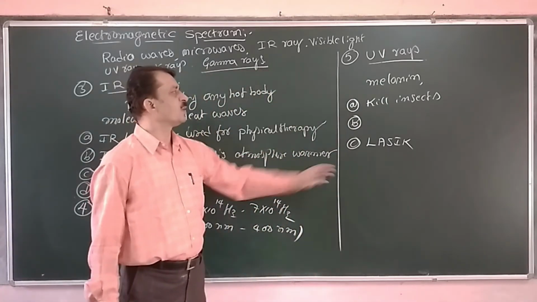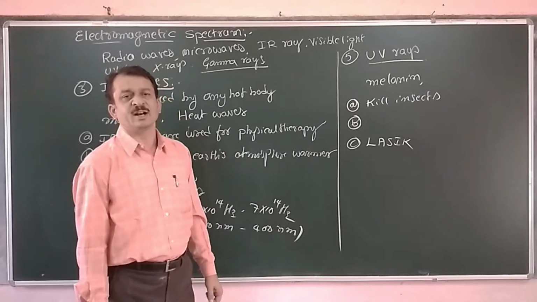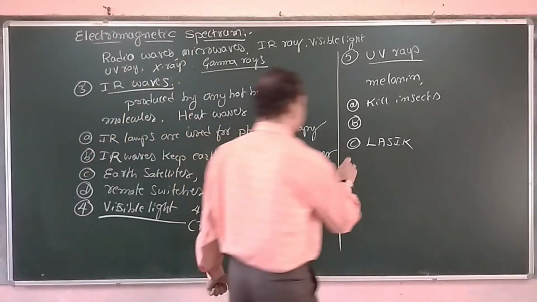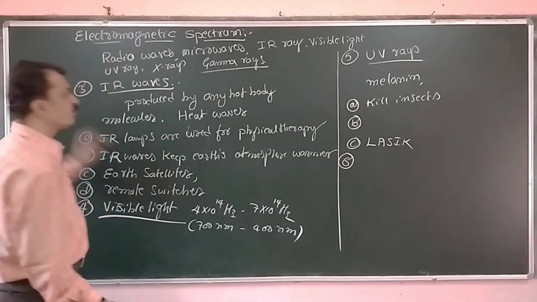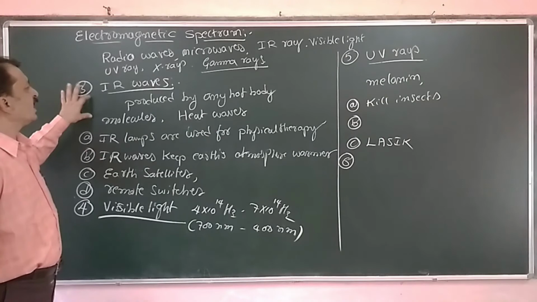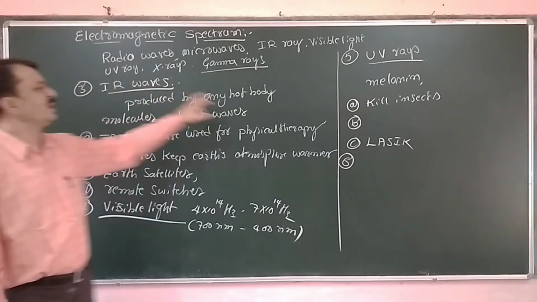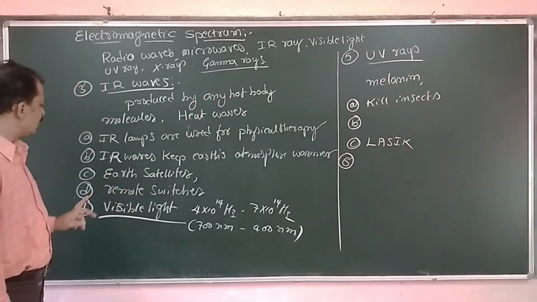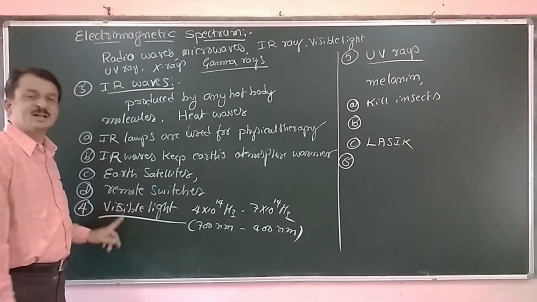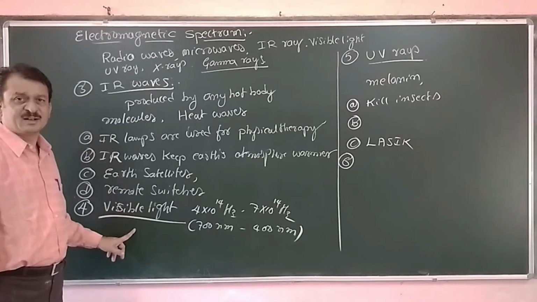Now, these are some application uses of ultraviolet radiations. Now, next one. Now, here from third to fifth one. IR waves are produced by any hot body at lower temperature. If we slowly increase the temperature, you will get the visible light.